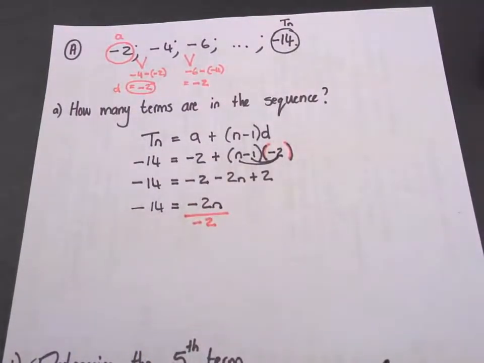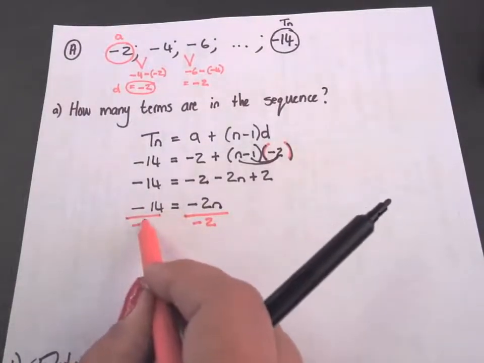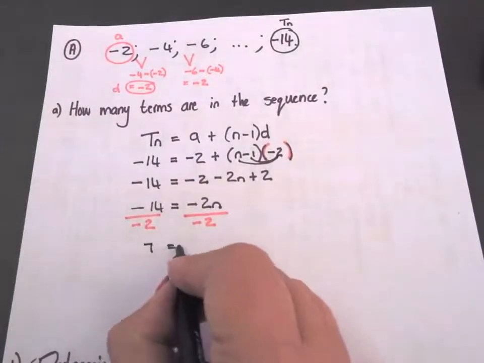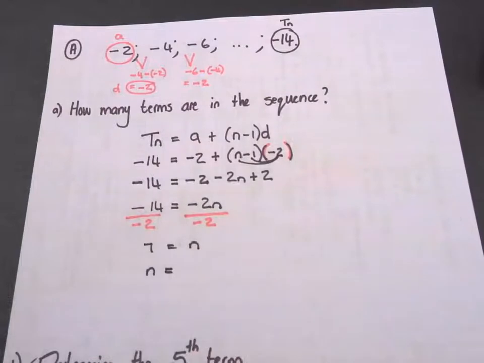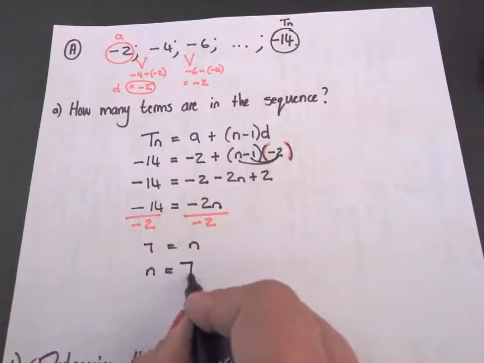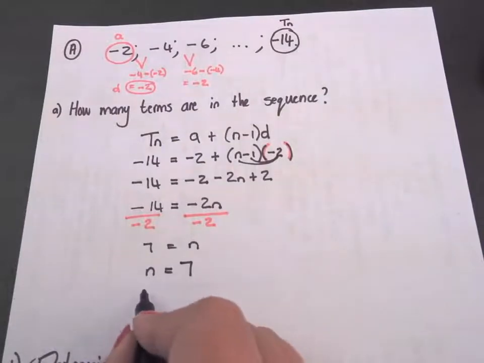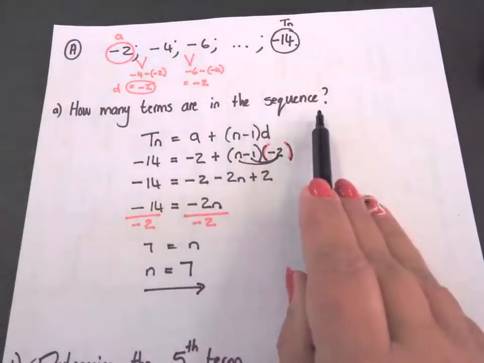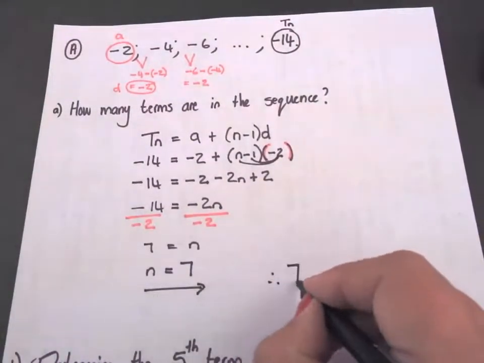But what you do on the right hand side of an equal sign, you must also do on the left hand side. And then we get 7 equals n. For mathematically to be correct, you always write your variable on the left hand side, n equals 7. Therefore, how many terms are in the sequence? There are 7 terms.